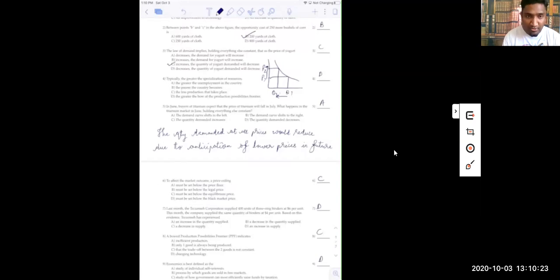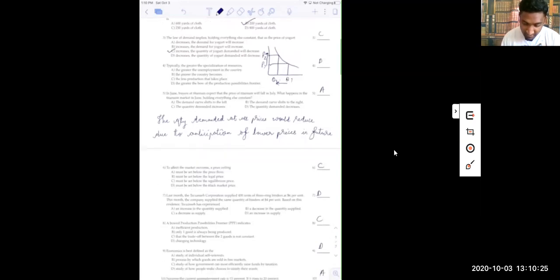Moving on to the fourth question. Typically, the greater the specialization of resources... When you are specializing in something, it means that you are better at producing something, so basically you are able to produce more.